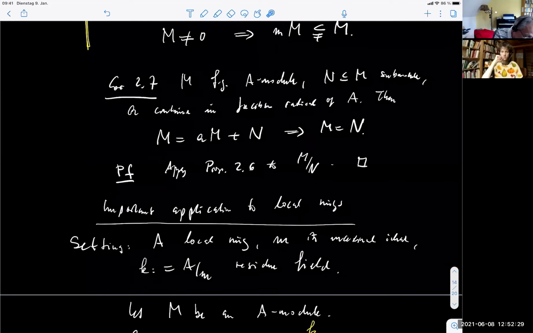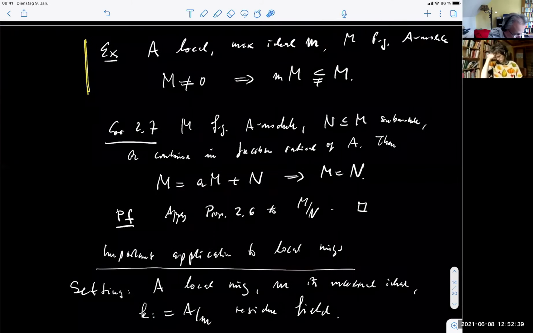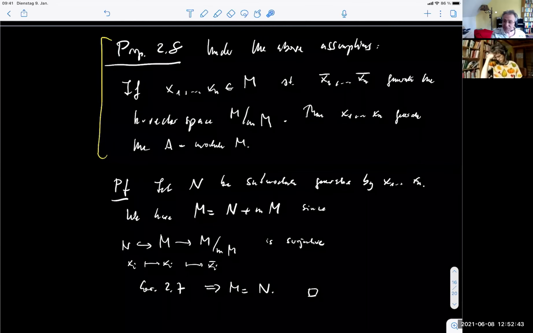I have M equals mM plus N, therefore equality. So you see, maybe this Corollary 2.7 is a bit weird, but this is a really nice application. Okay, Proposition 2.8.